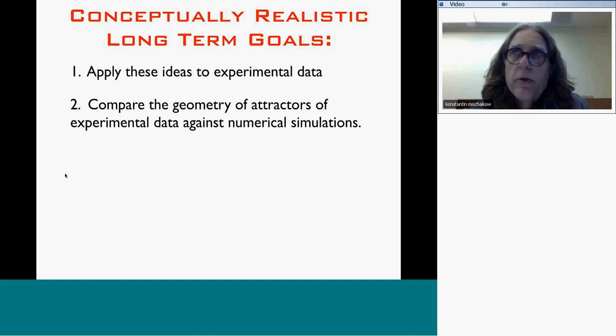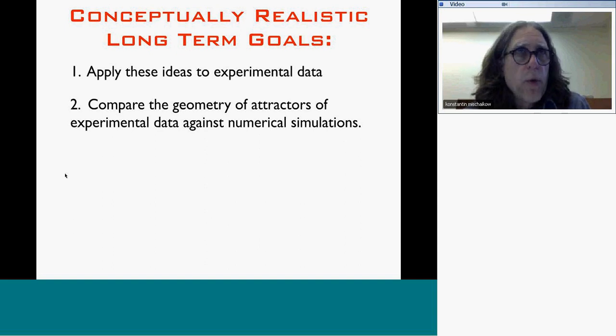One of the things we want to do is to understand attractors for the experimental data and for the corresponding numerical data, and see if on a crude level the geometry of the attractors match or are comparable. Think about something like the Lorenz attractor. If you're in dynamical systems, if somebody shows you a Lorenz attractor, you recognize it because of the very distinct geometric feature.